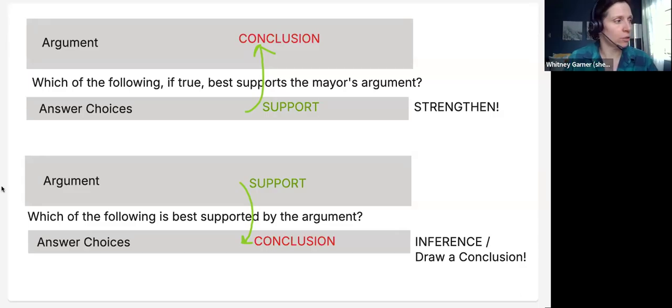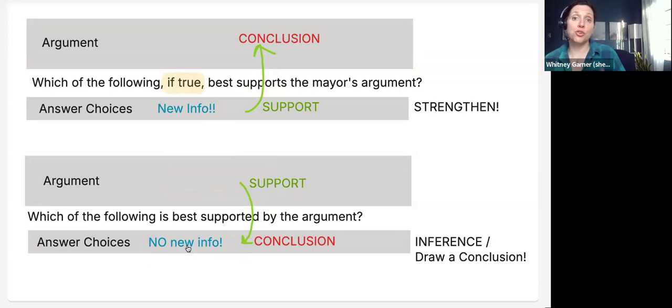A really good signal here is this language of if true. I should absolutely expect in these answer choices new information. There's absolutely going to be new information coming in to help bolster up this argument. Whereas in an inference question, I should expect no new info. Everything here should fall directly from this argument itself.